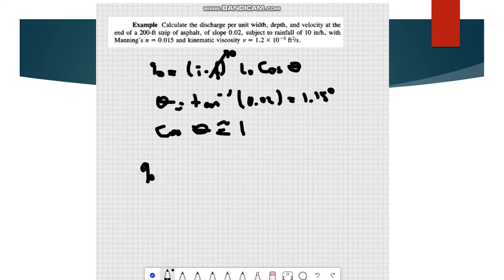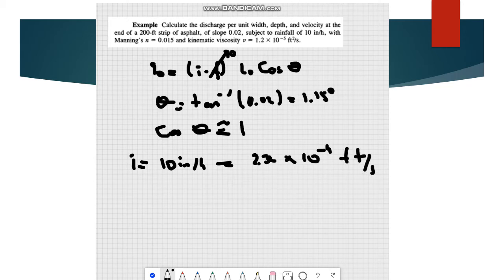So Q0 is going to be our I. First of all, let's convert I equal to 10 inch per hour to feet per second, which is this time 2.32 multiplied by 10 to minus 4 feet per second.